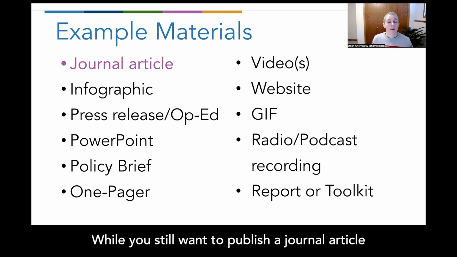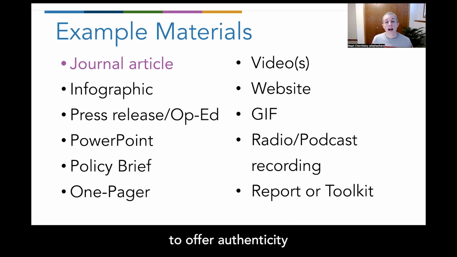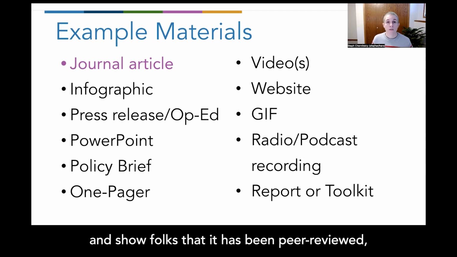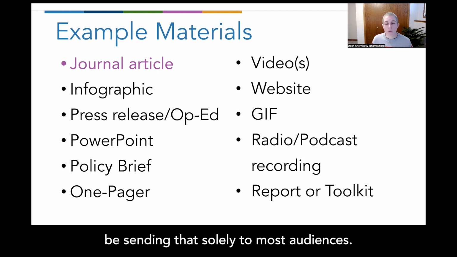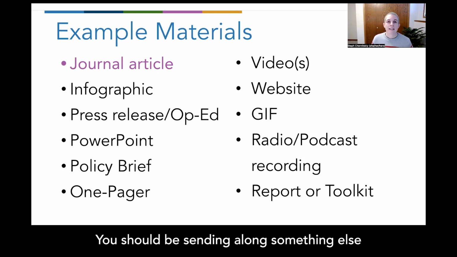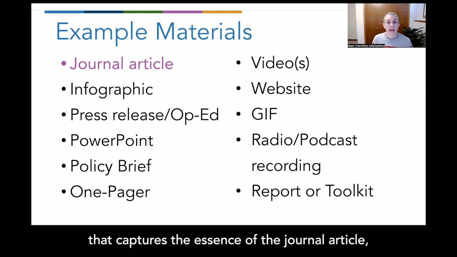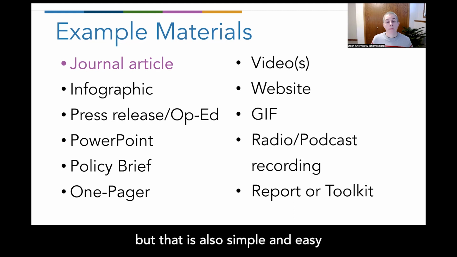While you still want to publish a journal article to offer authenticity to your work and show folks that it has been peer reviewed, you really shouldn't be sending that solely to most audiences. You should be sending along something else that captures the essence of the journal article, but that is also simple and easy to engage with and interact with. And again, I just want to reiterate, these are just a few examples.